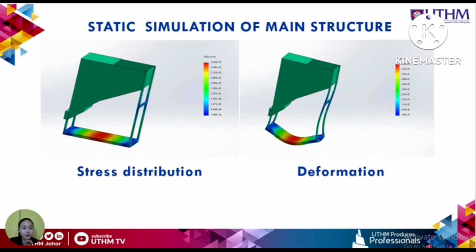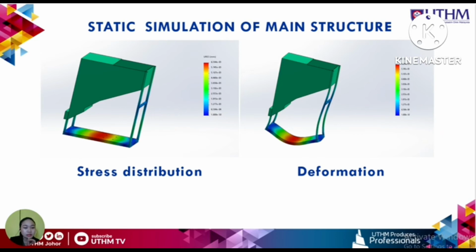First of all, we do the simulation analysis of the main structure according to the von Mises distribution. The color red represents the critical value, while blue represents the safe areas.